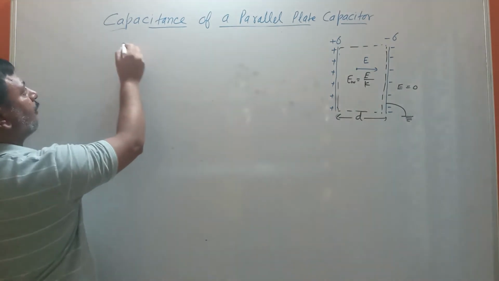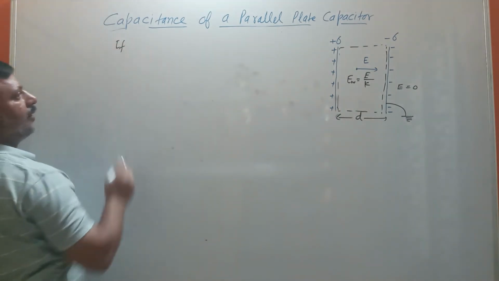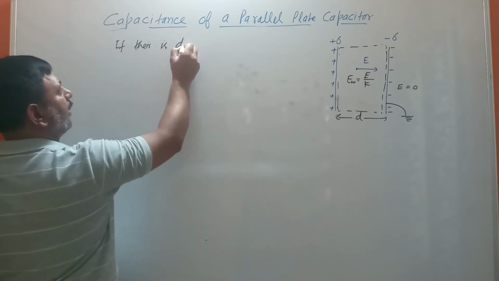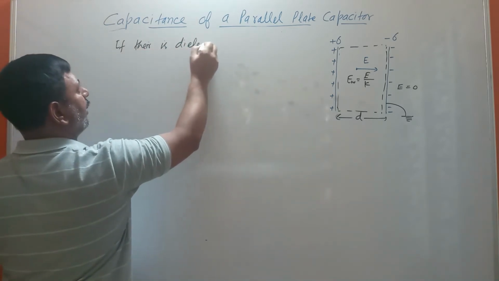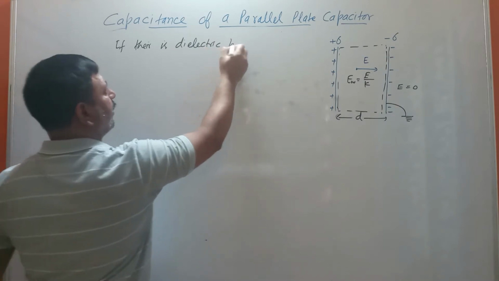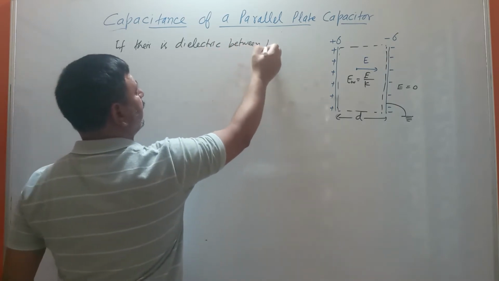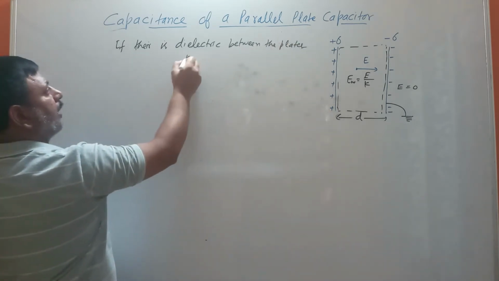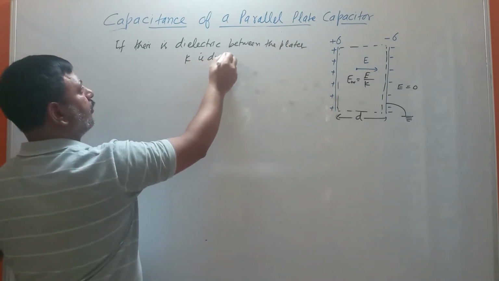What will be the electric field if there is a dielectric between the plates, K being the dielectric constant?